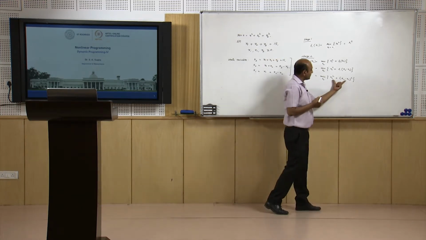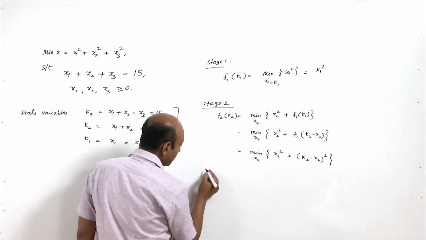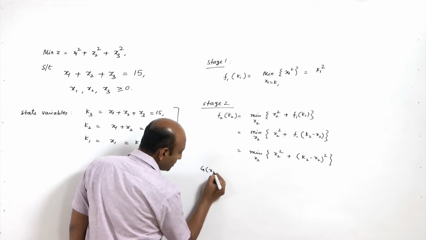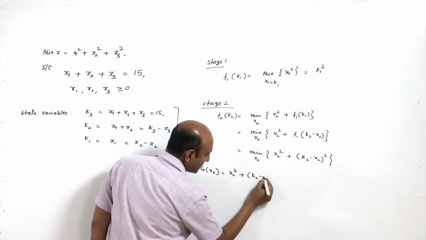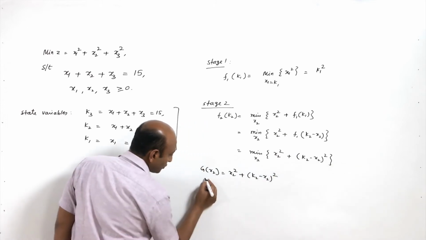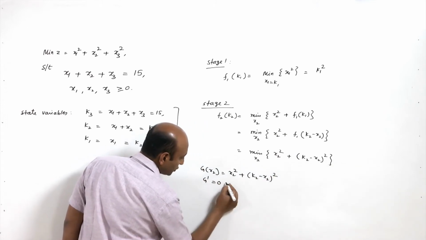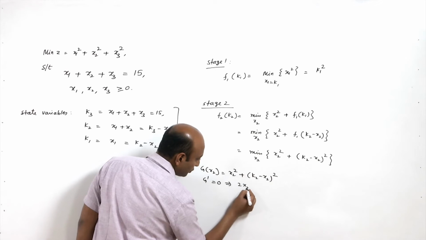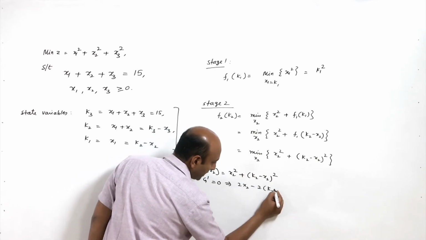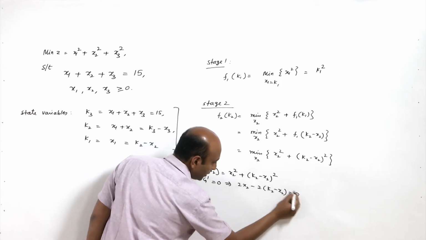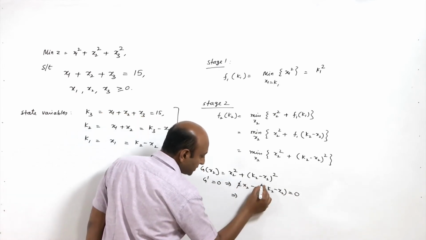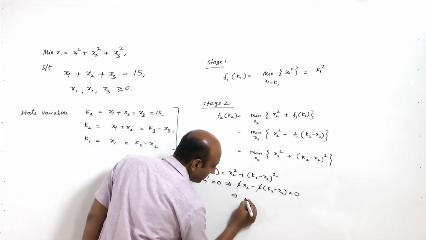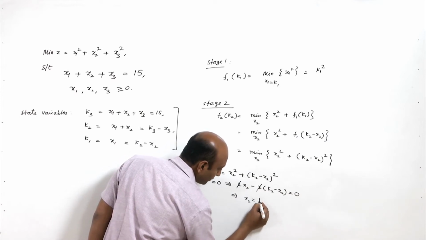Say the function is g of x2, which is x2 square plus k2 minus x2 whole square. The derivative put equal to 0 gives 2x2 minus 2 times k2 minus x2 equal to 0. The 2 cancels out, so x2 will be k2 by 2.